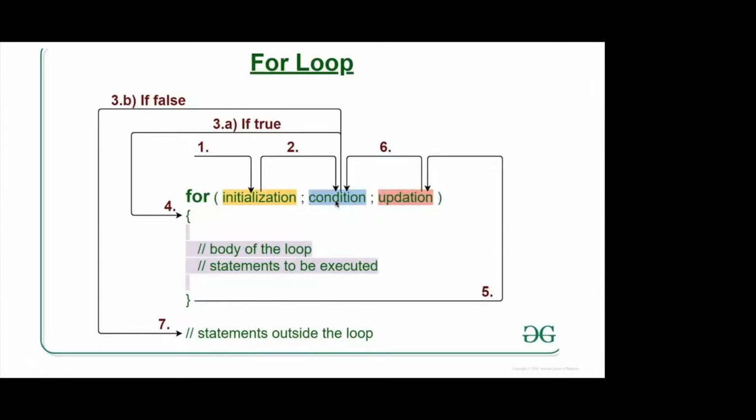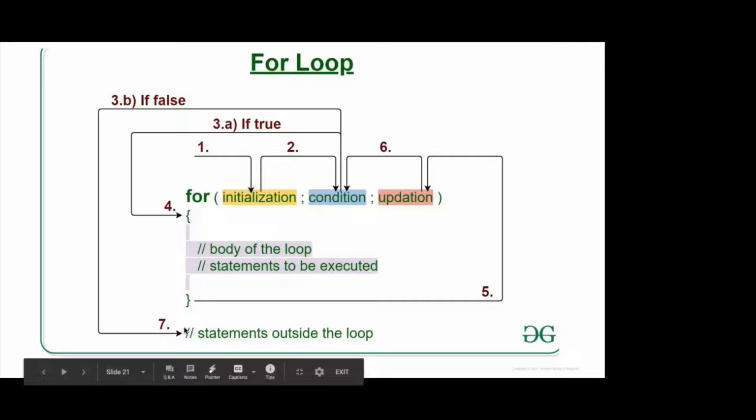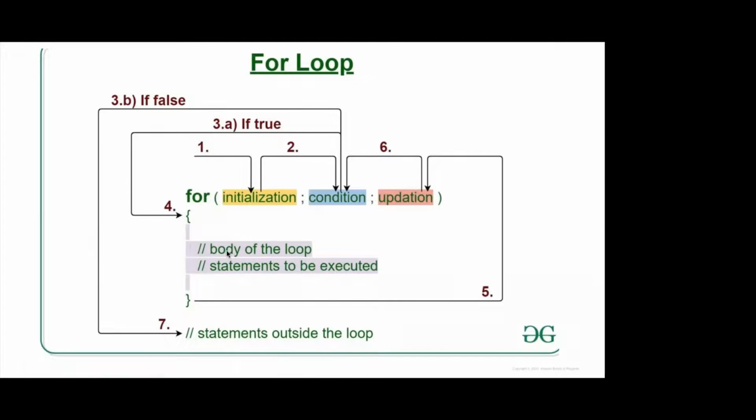If i is less than 2, then do the body part. If not, it will just skip this loop and jump outside of the loop. And the third part: when the body of the code is executed, it will jump to the third part, which is the update. You can update the loop variable. Therefore you can take advantage of the for loop.